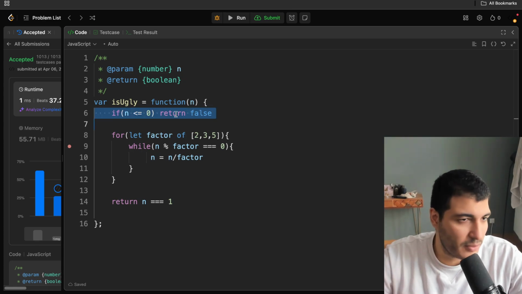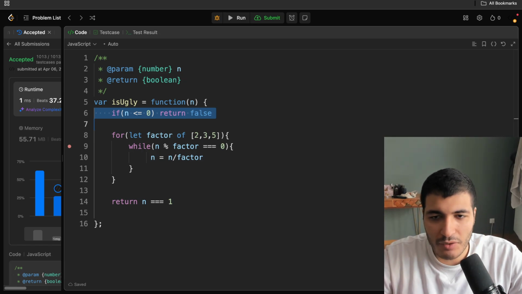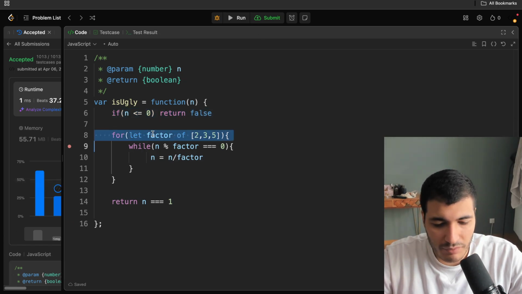So we just created the base case. After that, we have a for loop over the factors. These are the only allowed prime factors for an ugly number, and we loop over them and divide them out of n as much as possible.